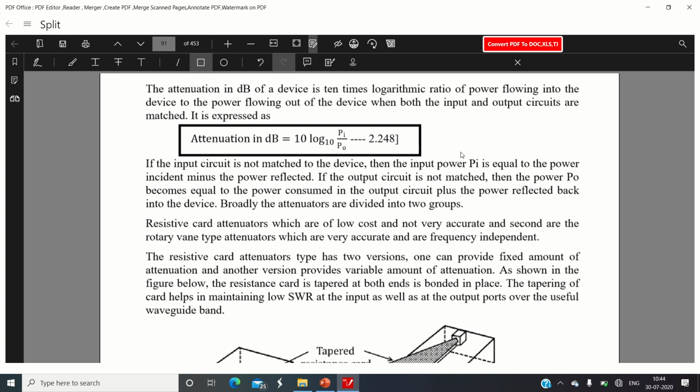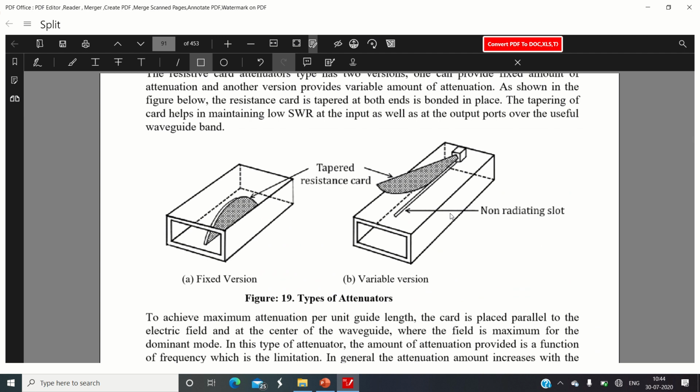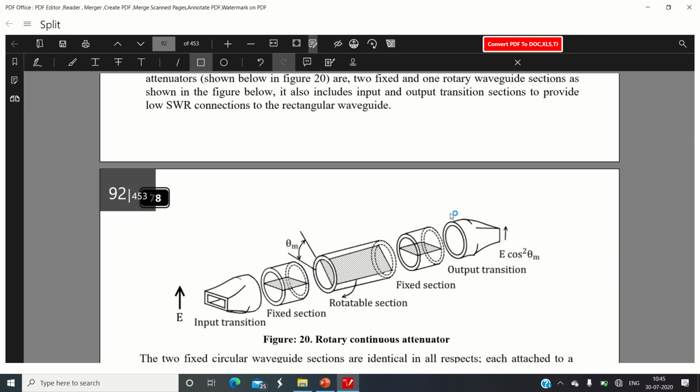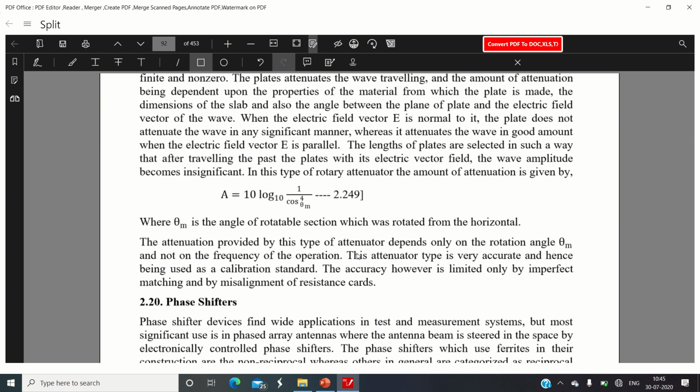So attenuators are important circuits. They are used to attenuate the microwave signal either in a fixed way or in a variable way. Rotary attenuators are also possible, in which you can get continuous attenuation by the rotation angle.